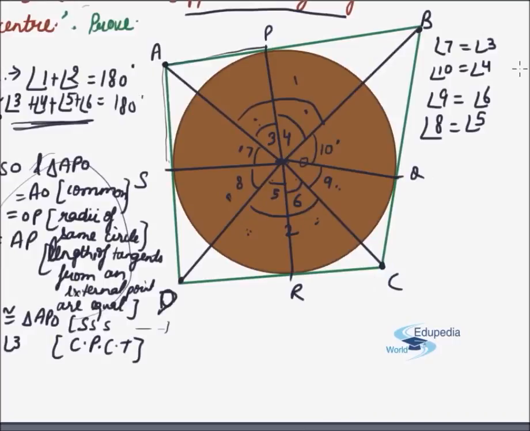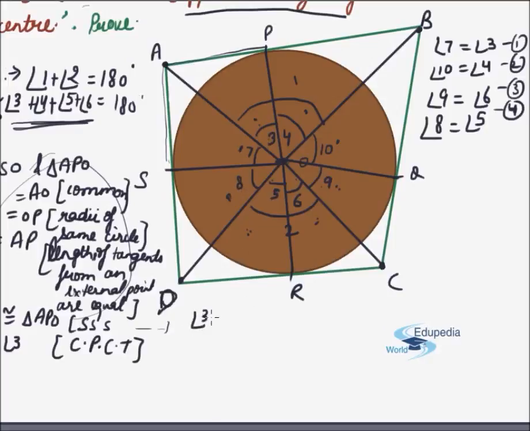Thus, let us first label these equations. Now friends, we know that the complete angle is always 360 degrees. Now the complete angle is formed by angles 3, 4, 10, 9, 6, 5, 7 and 8 respectively.